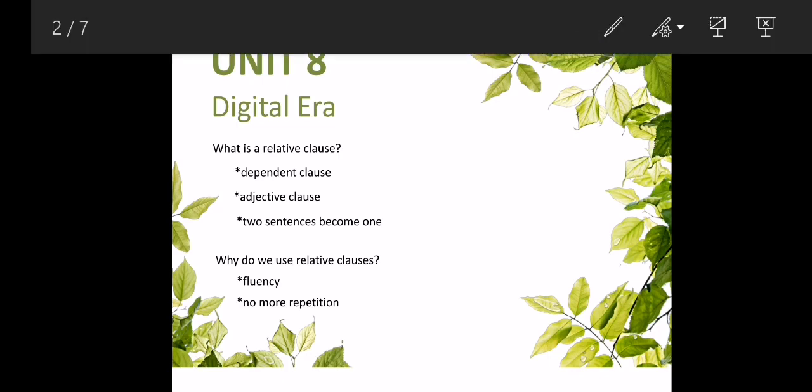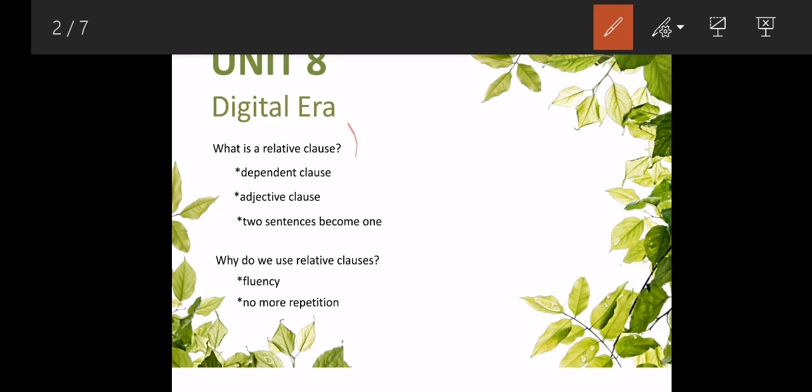First of all, we need to find some answers to a few questions to clarify the meaning, to understand the subject better. The first question is, what is a relative clause?